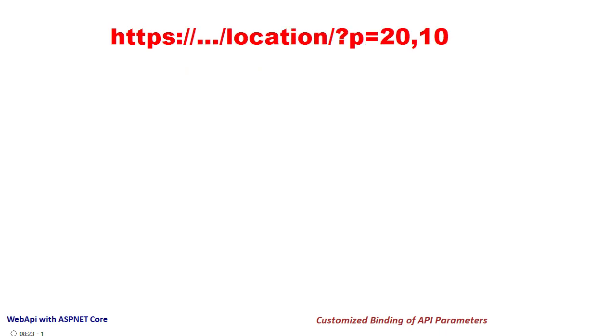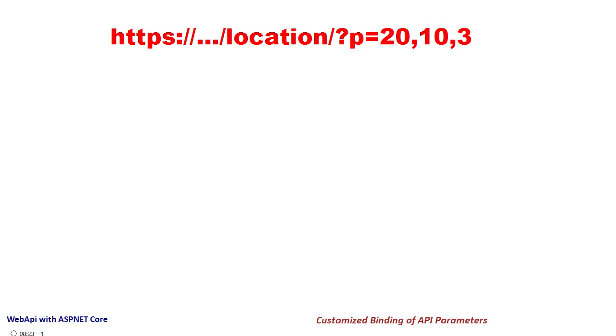Let us suppose the format of the data to be sent is a simple comma-separated list of numbers and that it has to be sent through a query string variable called p, as you are seeing here. Now since this is a tutorial, I'll keep the things very simple. Otherwise, a more readable format like a Cartesian format of brackets could be more appropriate in a real project.